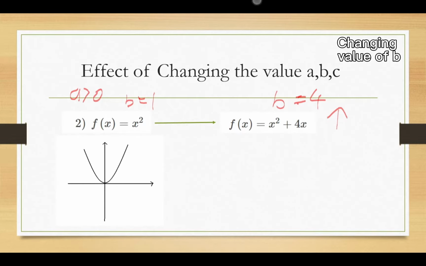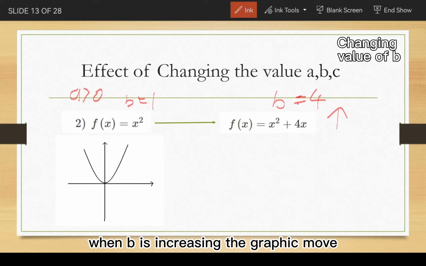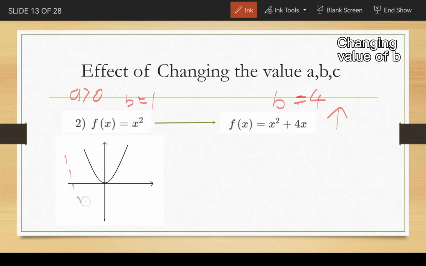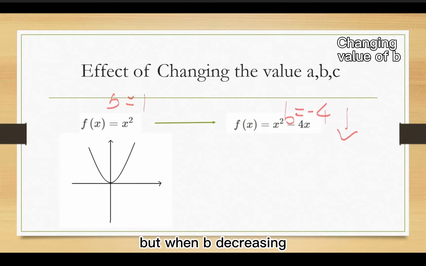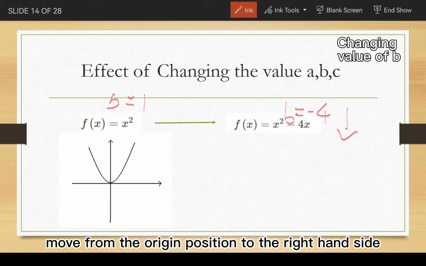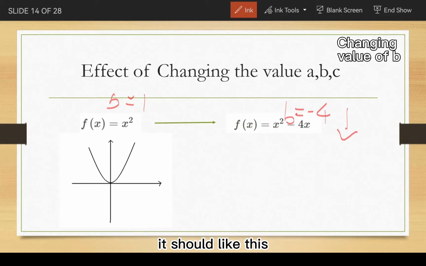So when b is increasing, the graph will move from the original position to this position. But when b is decreasing, the graph will move from the original position to the right hand side, which looks like this.